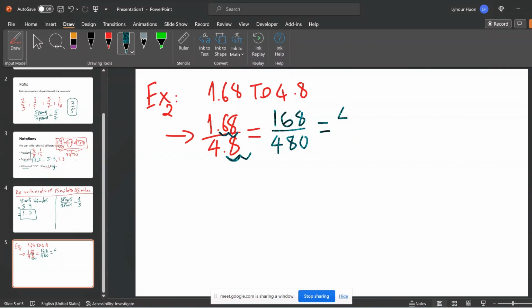Now it's 168 over 480. 42 over 14... no wait, it's 1.2.